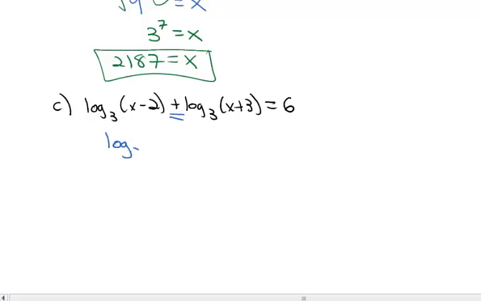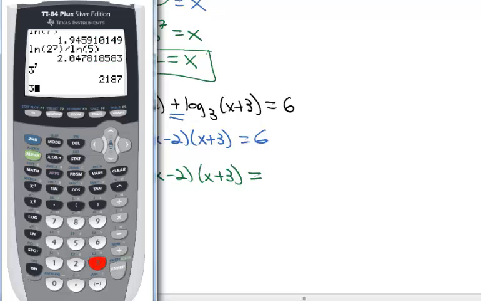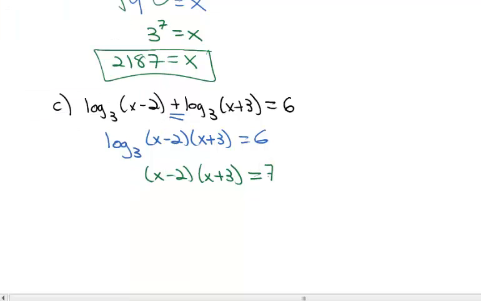This gives us log base 3 of x minus 2 times x plus 3 equals 6. Now that it's a single log, we can rewrite it as an exponent problem. X minus 2 times x plus 3 equals 3 to the 6th power, which again is large, 729.